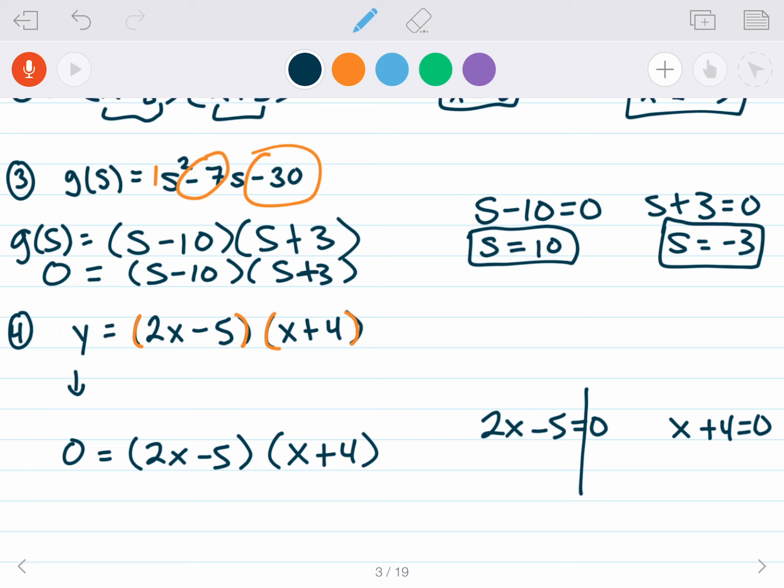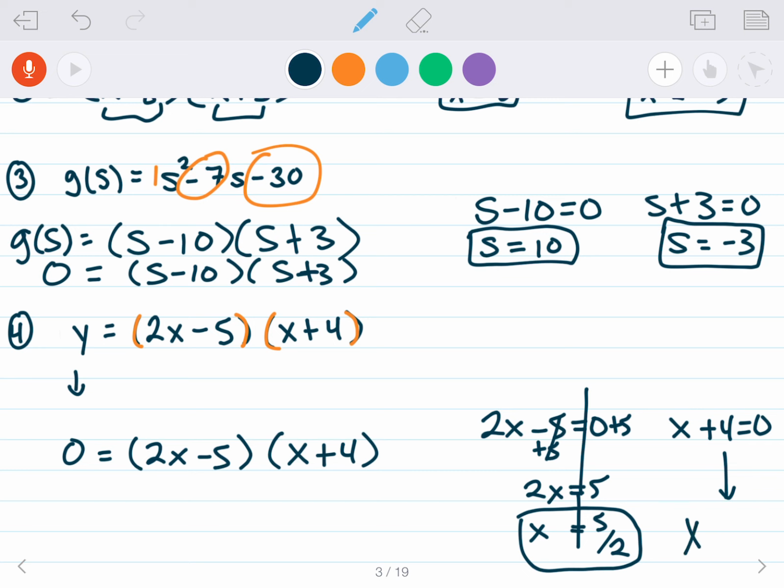So to solve for x, I'll first add 5 to both sides, and I get 2x equals 5, and then I'll divide both sides by 2 to give me x equals 5 over 2. Over here, I simply subtract 4 on both sides to give me x equals -4. And so x equals 5 over 2 and x equals -4 are zeros.